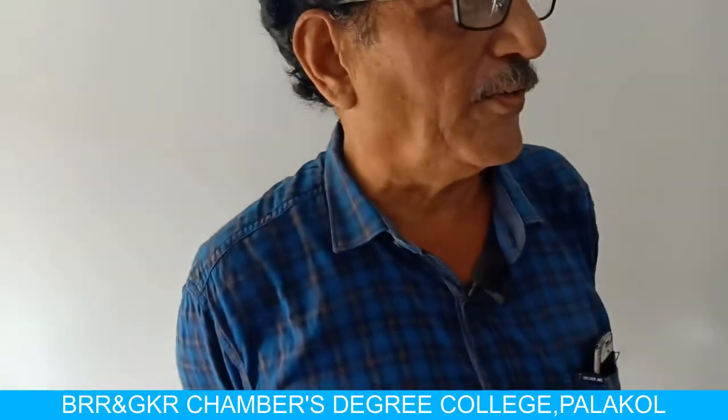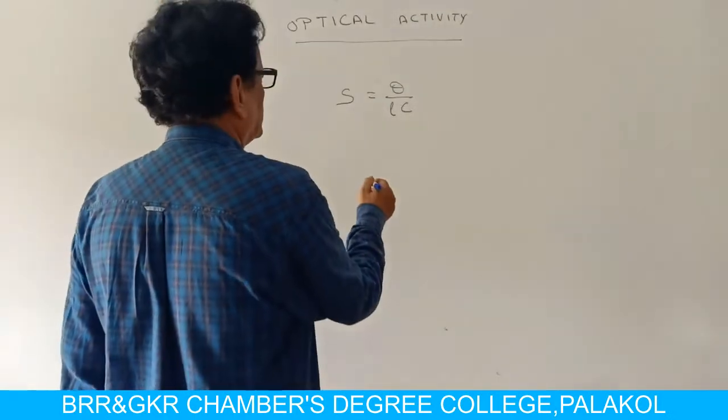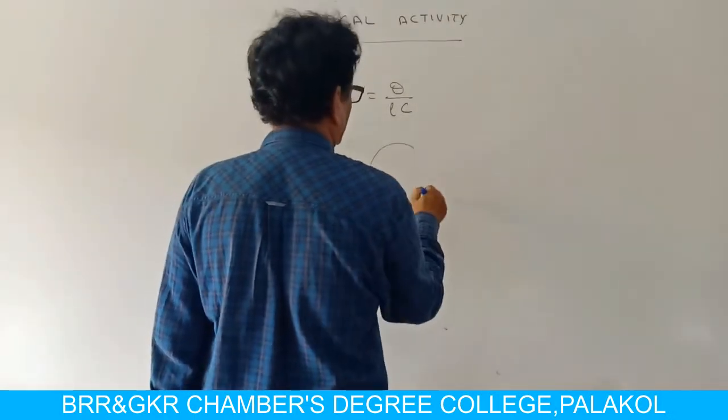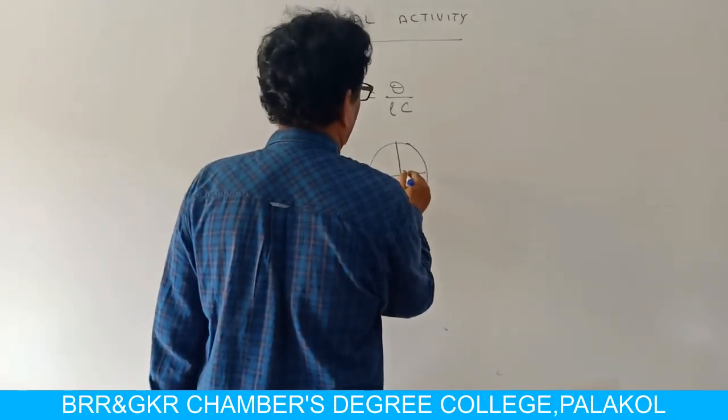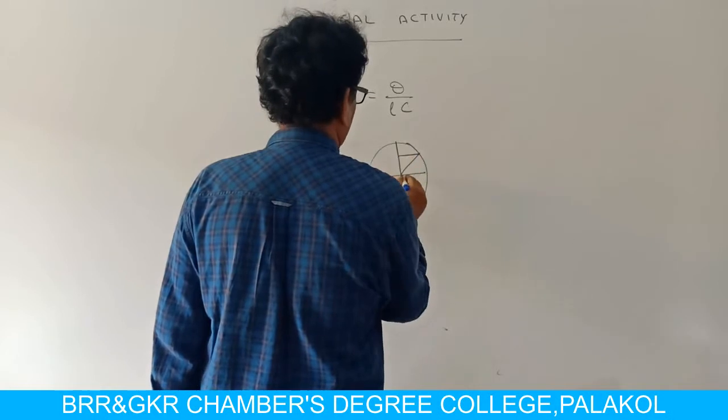The resultant of two opposite circular motions will produce a linear vibration.